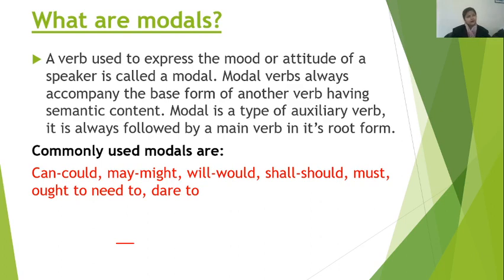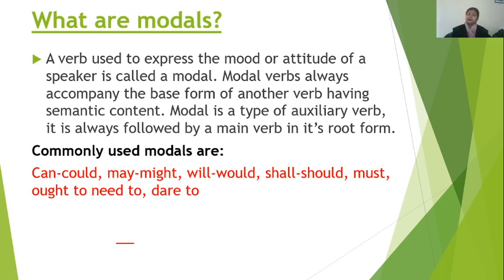Okay, now there is one exception also. Some of the modals have their past form. Only and only the past form, not the past participle. Like can, the past form of can is could. Might is the past form of may. Would is the past form of will.